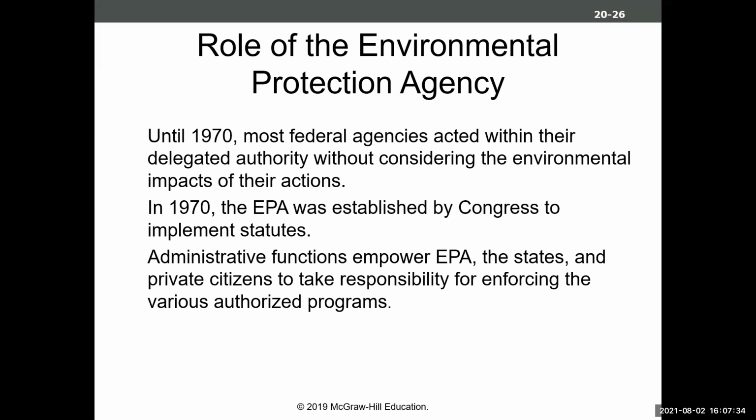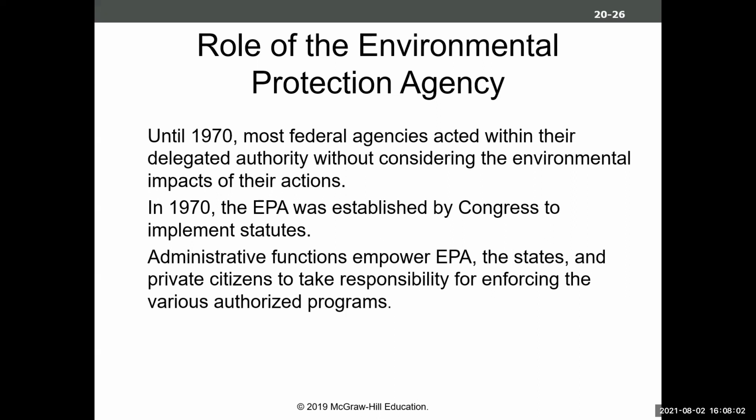With the EPA, a lot of the federal agencies acted within their delegated authority without considering environmental impacts. And this was until about 1970. And then in 1970, the EPA was developed and they brought about that environmental regulation. So now we're starting to look at environmental impacts.